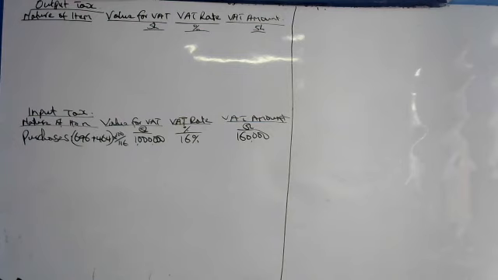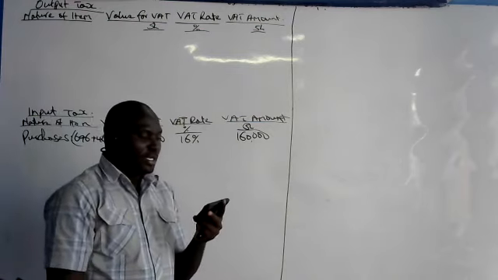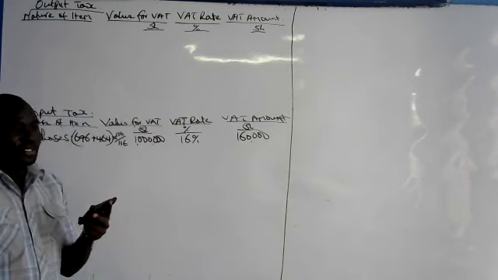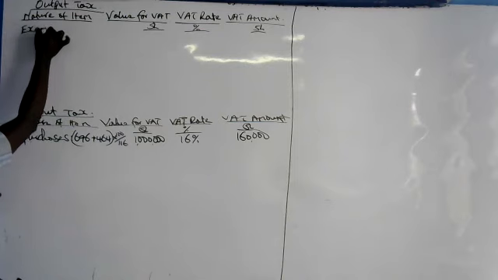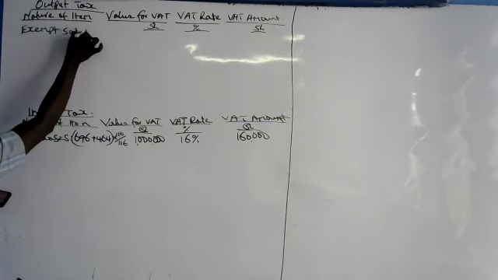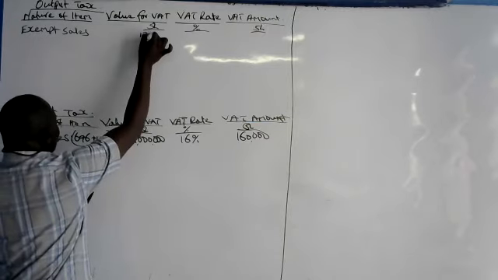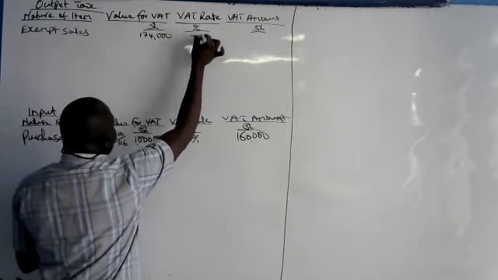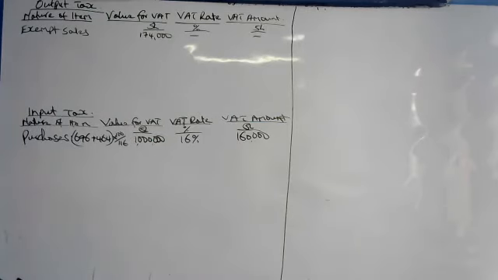Invoices were issued for sales of 371,200 to non-VAT registered customers. The invoices issued included exempt sales. So we have exempt sales of how much? 174,000. So VAT ni dash. So exempt sales will go 174. The rest was standard rate.